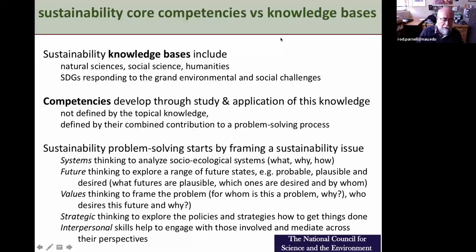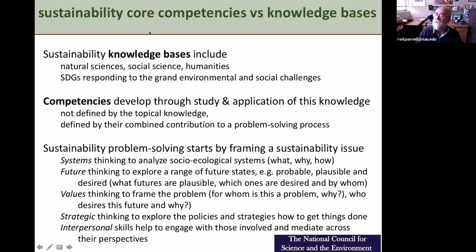Just a quick note in terms of how we define, say, knowledge bases versus competencies. We have talked about competencies that are developed through application and study to be able to provide a practical application of knowledge to a particular setting.